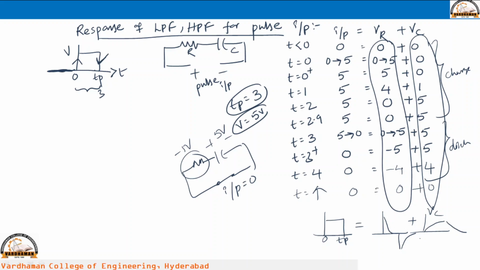Now, if you take output across the capacitor, that is the low pass filter output. If you take output across the resistor, that is nothing but the high pass filter output for the pulse input. Okay. So, we will see in detail. Okay, equations also we are going to give for the response of the low pass and high pass circuit.